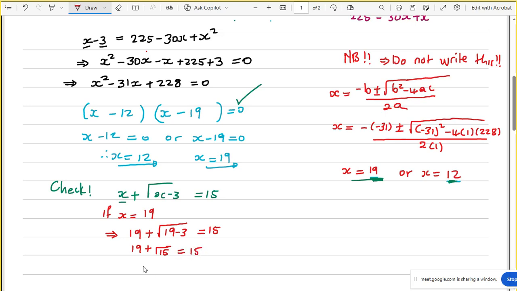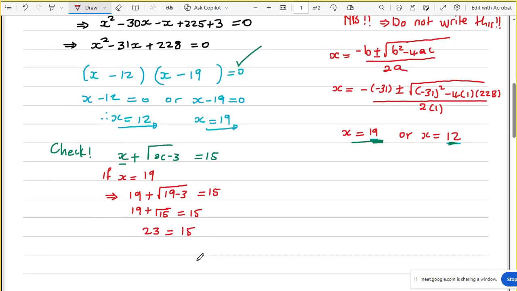Okay, so this tells us that when you add the 2, you get 23, it's equal to 15. Look at this. Is left-hand side equal to right-hand side? They are not equal. Therefore, left-hand side is not equal to right-hand side. This tells us that x must not be equal to 19. There's a mark for that rejection.